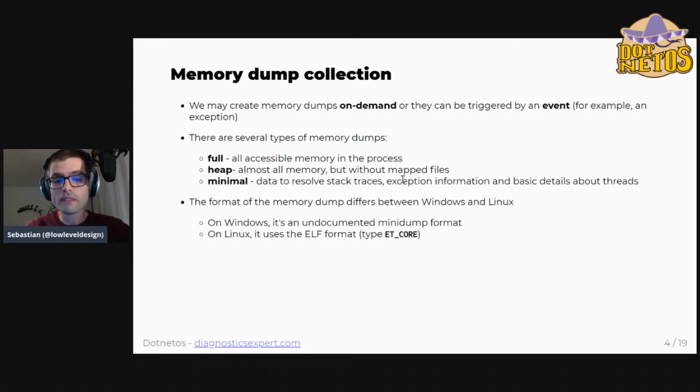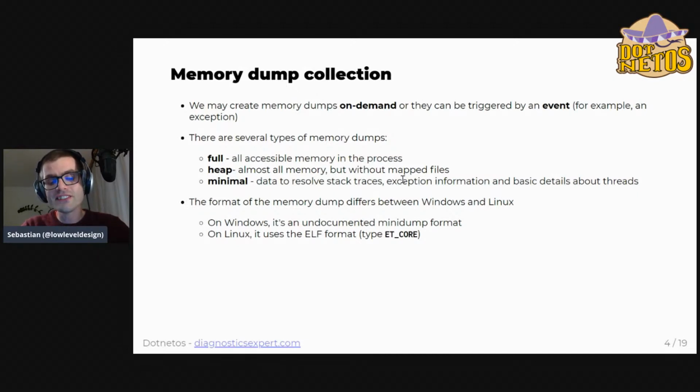I also want to mention the formats that we have for memory dumps, because they differ between platforms. On Windows, it is an undocumented minidump format. And on Linux, we use the ELF format. That's maybe surprising for people who know that the ELF format is used for executables and libraries on Linux.